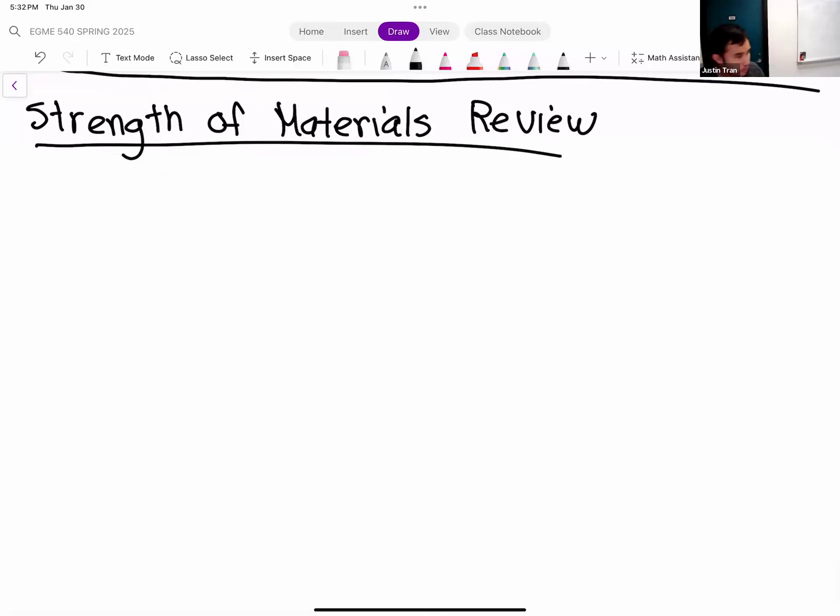Strength of materials refers to the study of the mechanics of materials and how they deform in response to external loading.